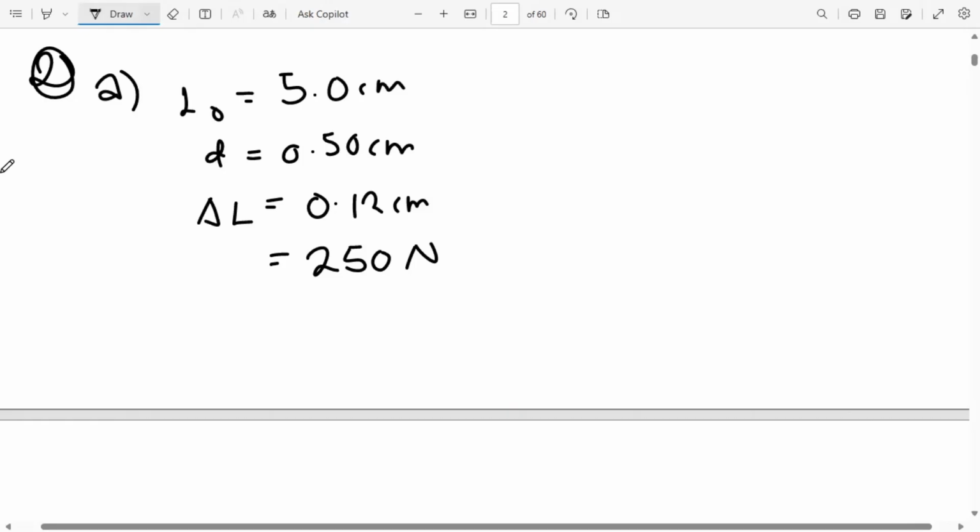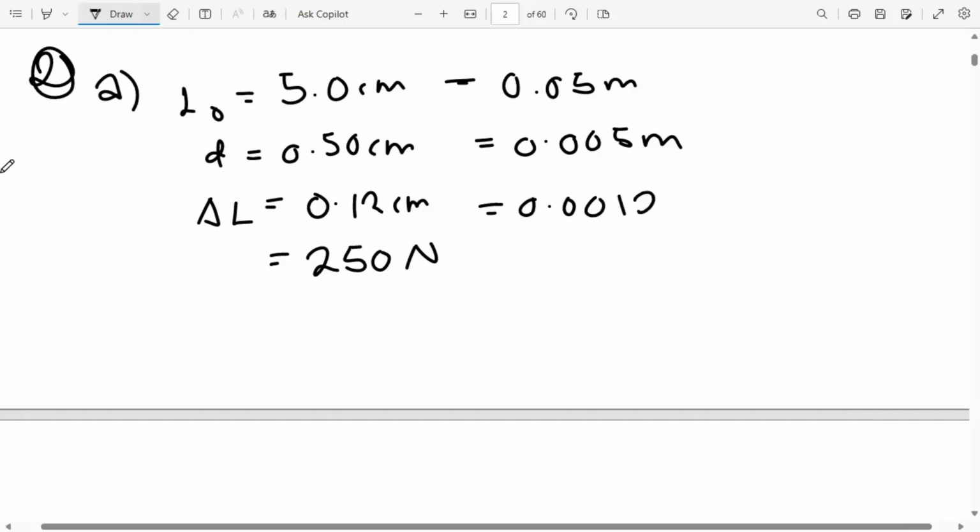So we can convert these values into their respective SI unit, meters. So 5 centimeters is the same as 0.05 meters. We've been given 0.5 centimeters, which is 0.005 meters. We have the extension, which is the change in length after the application of the force, 0.12 centimeters, and if we convert this to meters, it's 0.0012 meters.